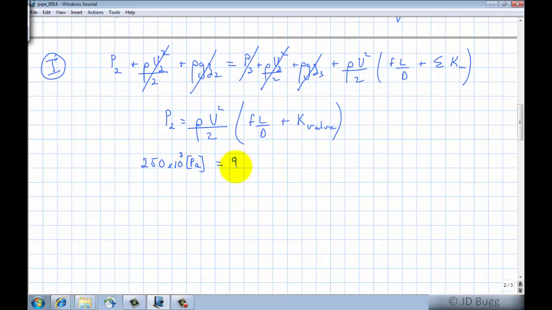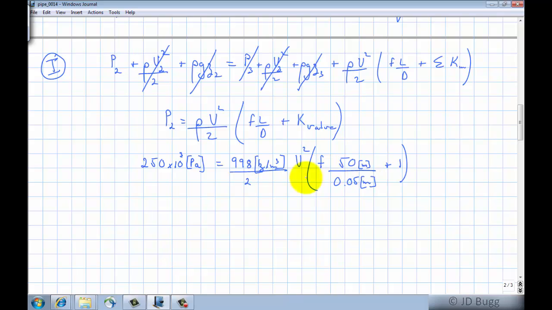We know the density is 998 kilograms per meter cubed. That's divided by 2. The velocity is unknown, so we leave that as V squared. f is not known, leave that as f. And the length is 50 meters, and the diameter is 0.05 meters, and then plus 1.